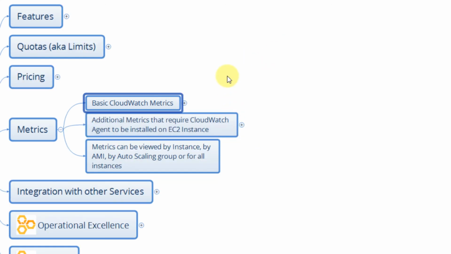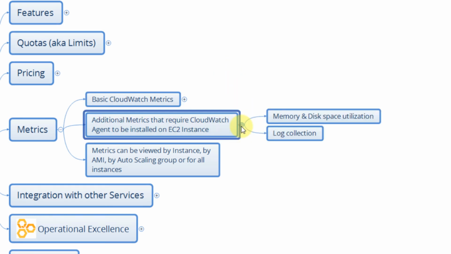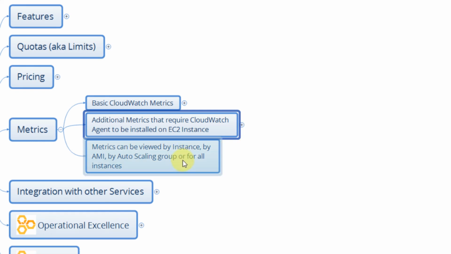You can get additional metrics, but that requires you to install the CloudWatch agent on the EC2 instance. In addition, you can get memory and disk space utilization metrics, and you can also collect logs from the EC2 instance using the agent. Note that you can view the metrics along various dimensions. You can view it by instance, by an AMI, by an auto scaling group, or for all the instances.